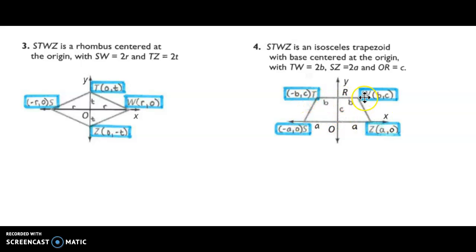And up here, the total distance is going to be 2b. It says OR is c. So from the origin to this point R is c. Well, this height OR is the same as this height up to W and also to T. That's why we have b, c and negative b, c over here.